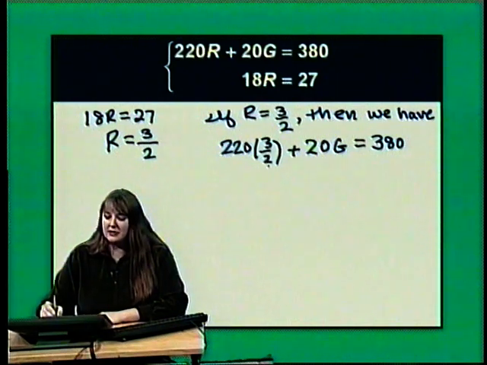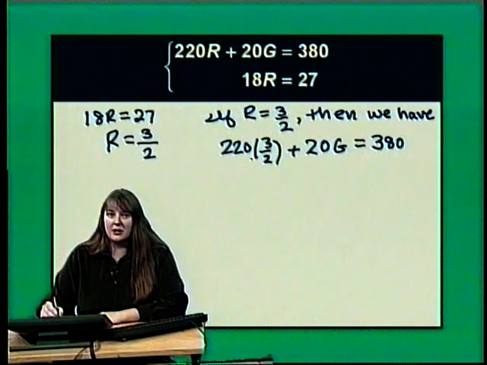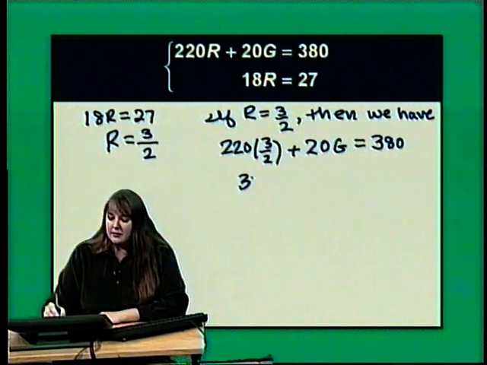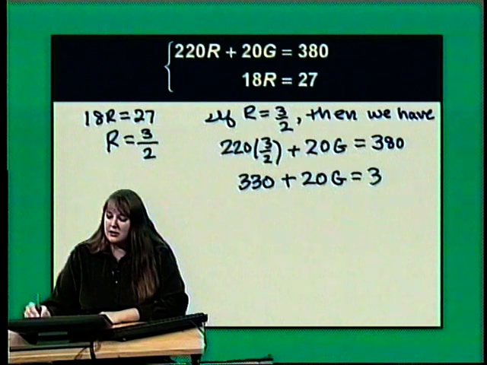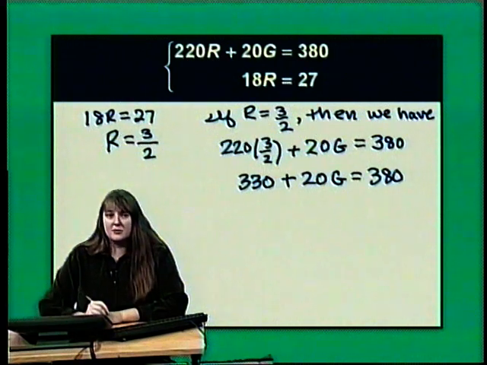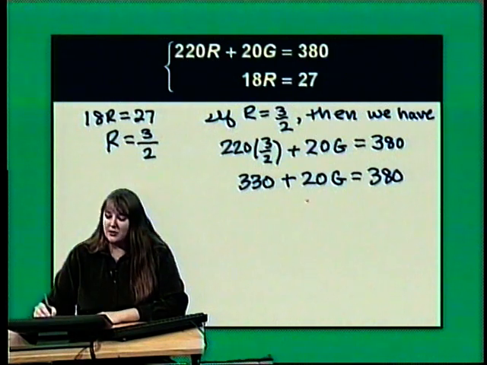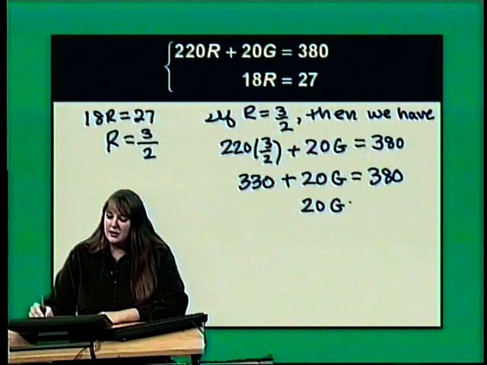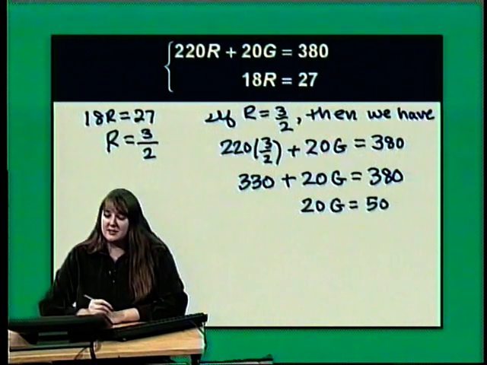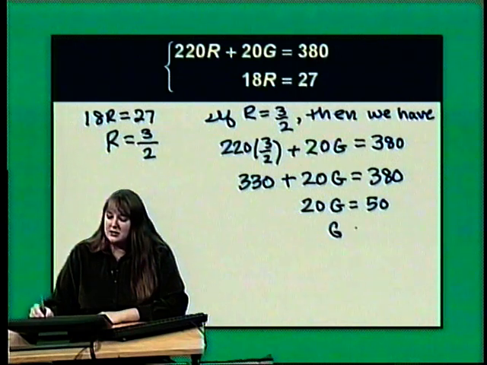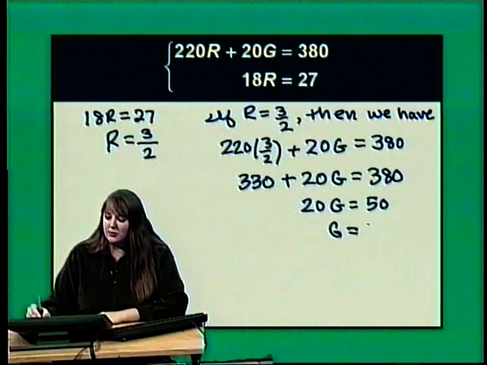Well, I'll start by dividing 2 into 220. That's 110. 110 times 3 is 330. So I have 330 plus 20G equals 380. Subtracting 330 from both sides of the equation, I have 20G equals 50. Dividing both sides of the equation by 20, I have G equals 50 over 20, which is 5/2.